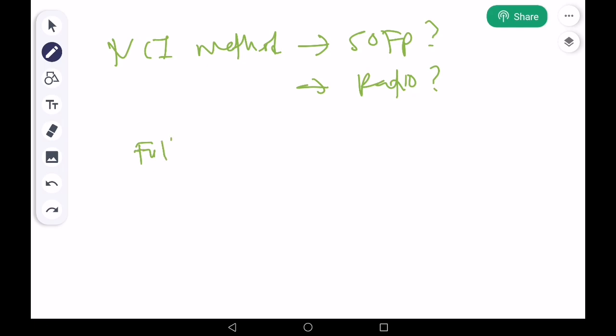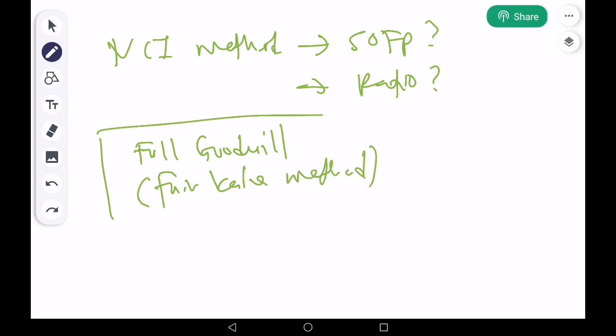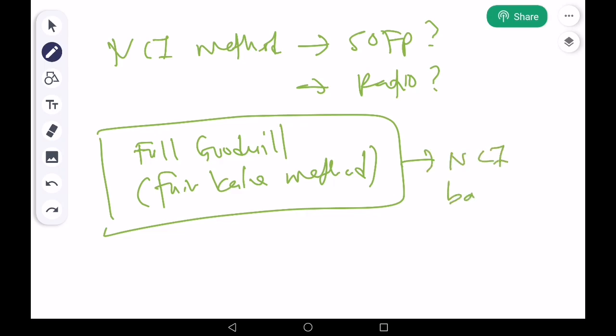If the company uses the full goodwill method, also known as the fair value method, it means class, these NCI are based on the subsidiary's share price.